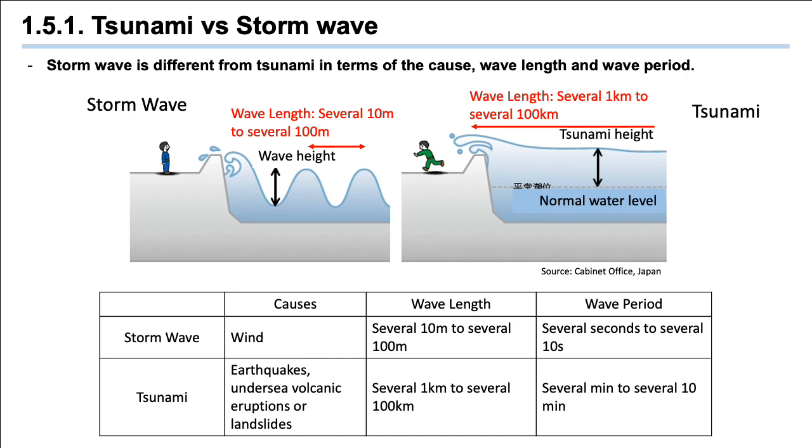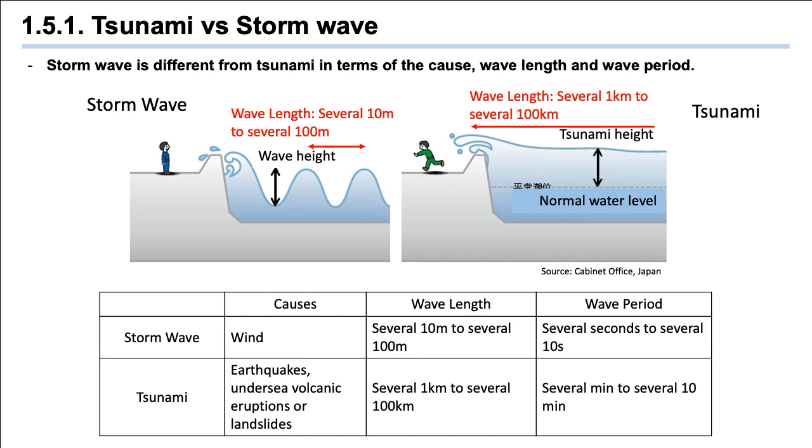The cause of storm wave is wind, while tsunami is from geological movement. The wavelength of storm wave due to tropical cyclone is several 10 meters to several 100 meters, while tsunami wavelength is about several kilometers to 100 kilometers. Wave periods are also quite different to each other.